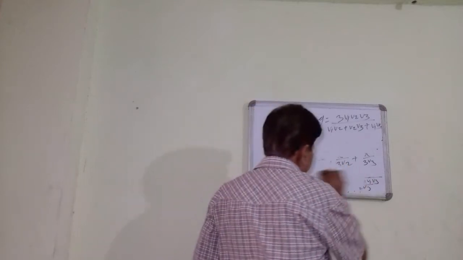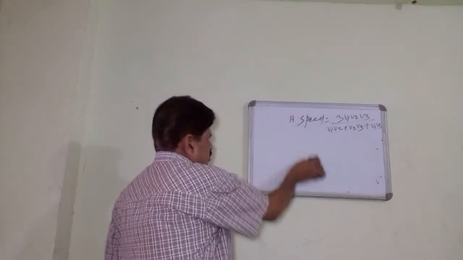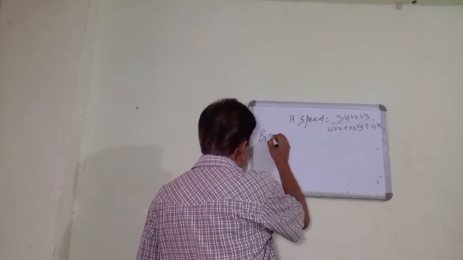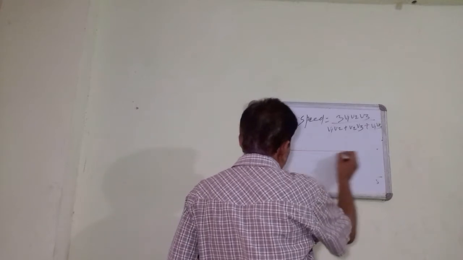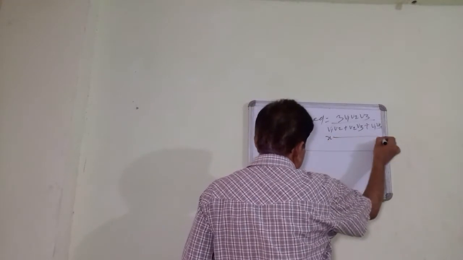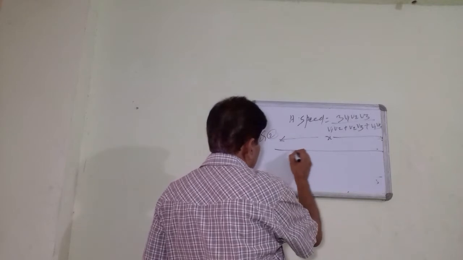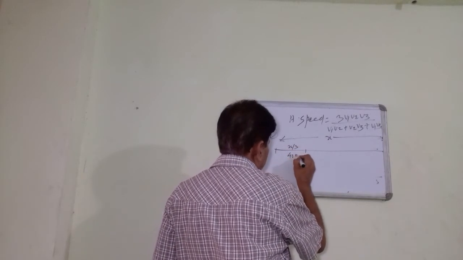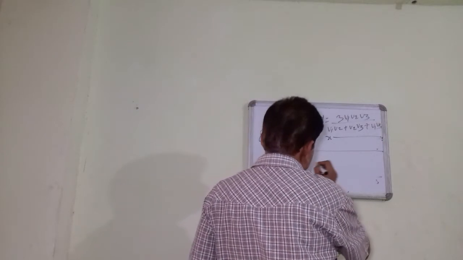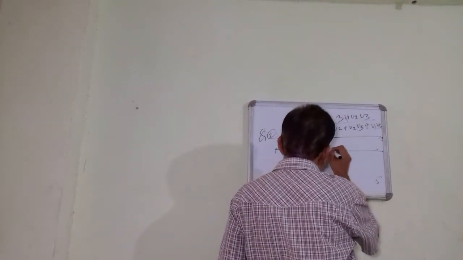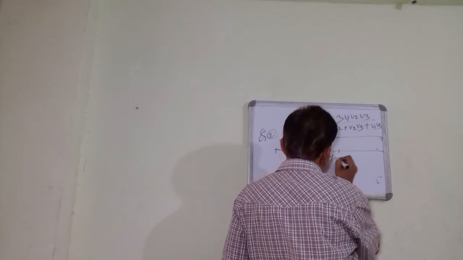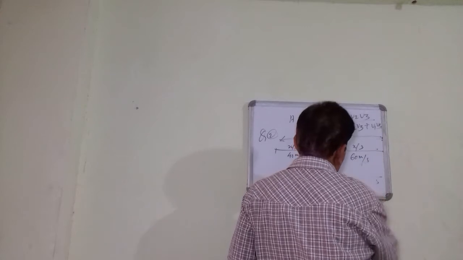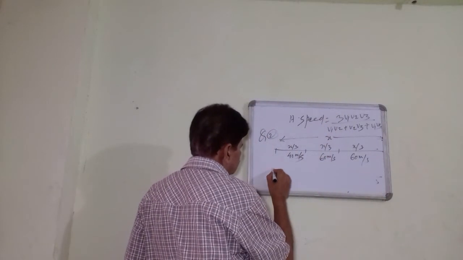Here is an example. Suppose a body's total distance is x. It covers the first 1/3 distance x by 3 at 40 meter per second, and the next consecutive distances at 60 meter per second. Then what is the average speed in this case?